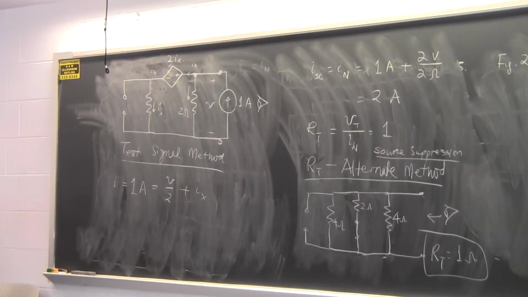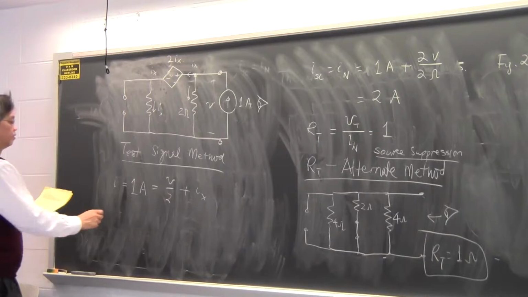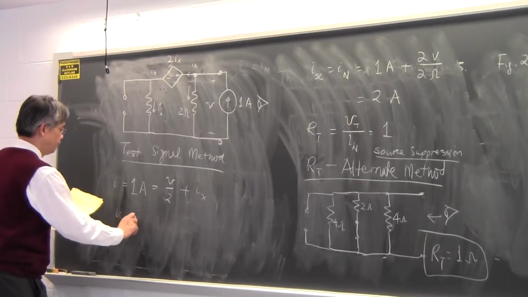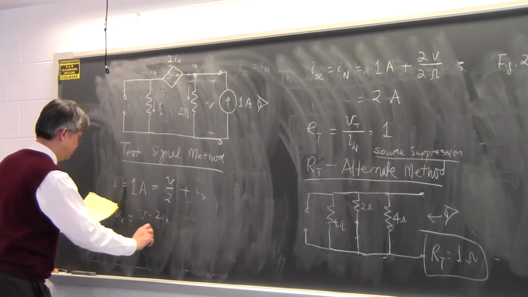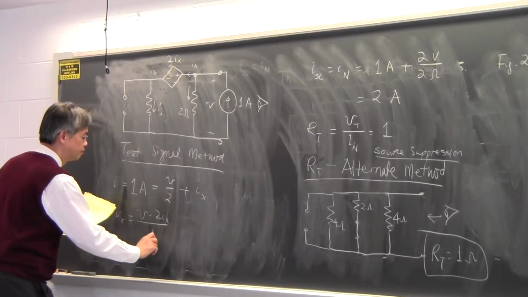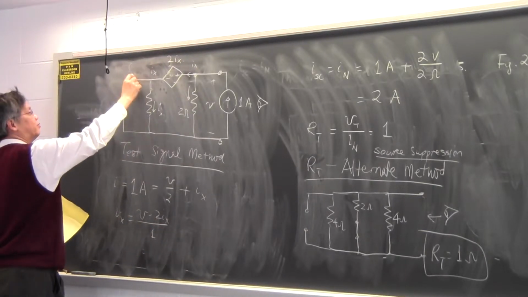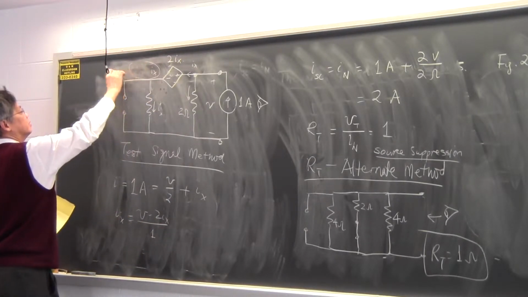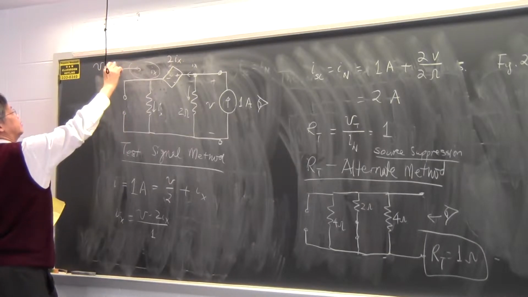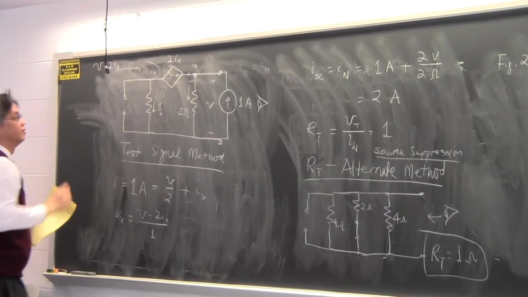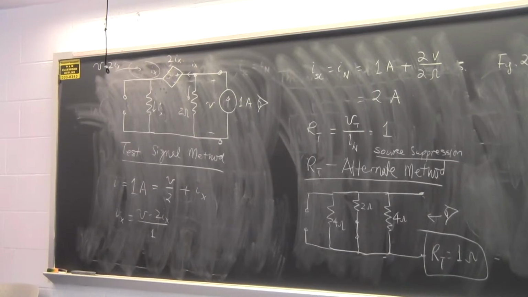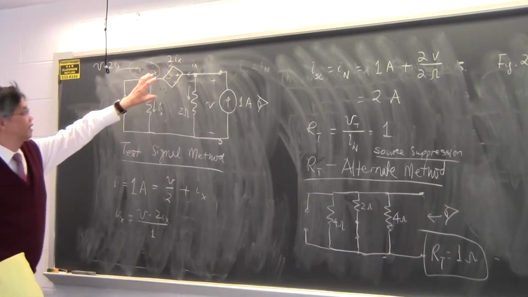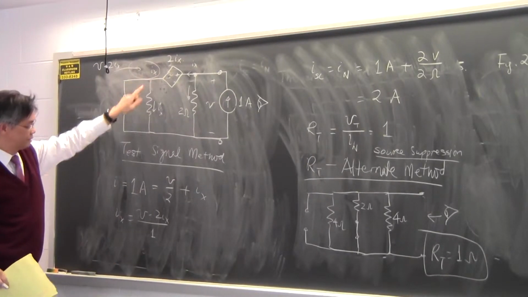So I get the fact that Ix is also equal to V minus 2Ix over 1. The voltage at this point over here is V minus 2Ix, because this is the dependent voltage source. If I take this voltage minus this voltage source, I get the voltage at this point.